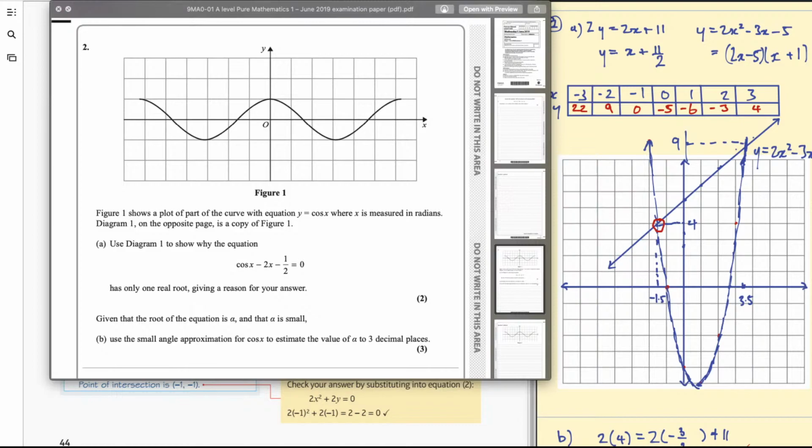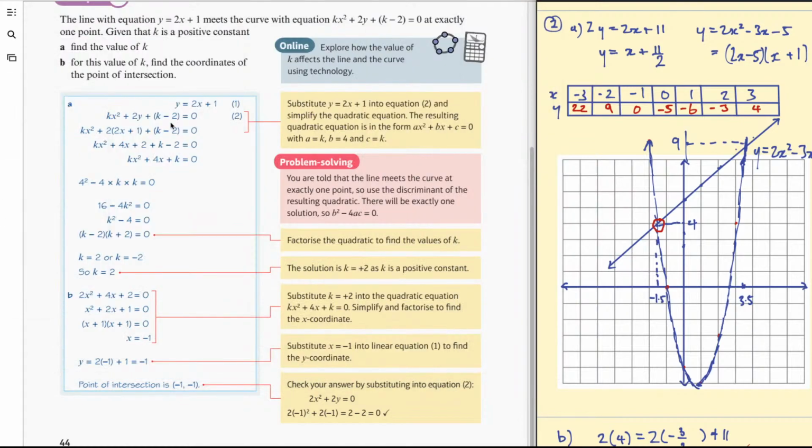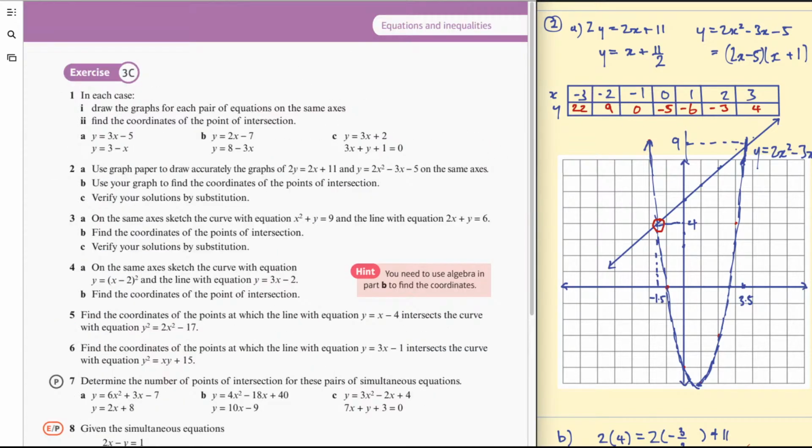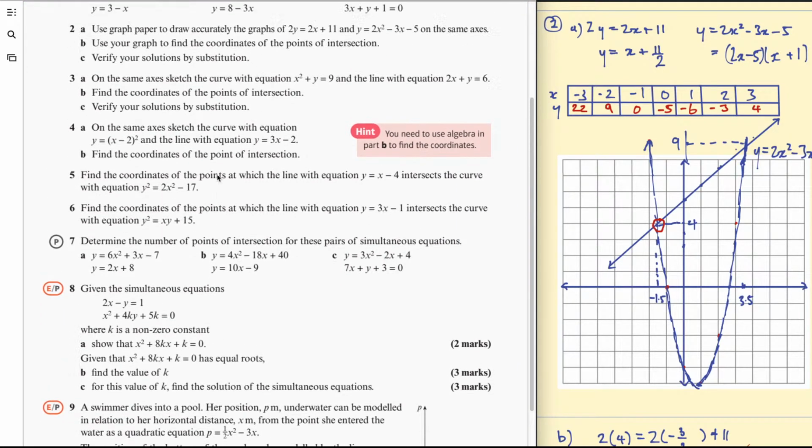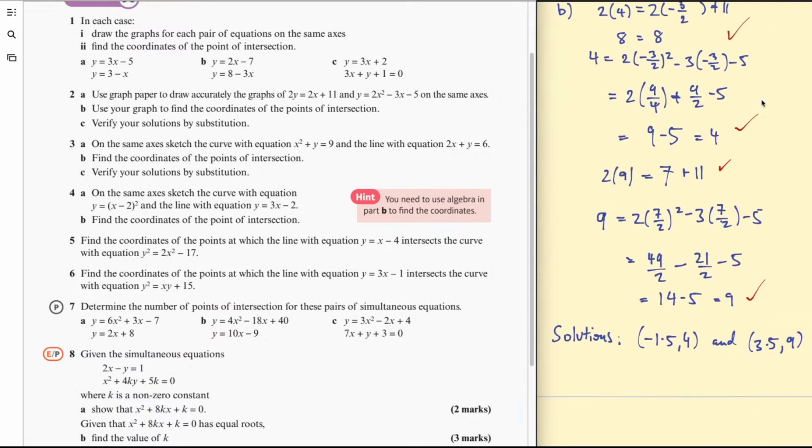So that's my point really there, is that although we're practically probably not going to use this method to solve quadratic simultaneous equations, we will need this understanding for different types of questions. Okie dokie.